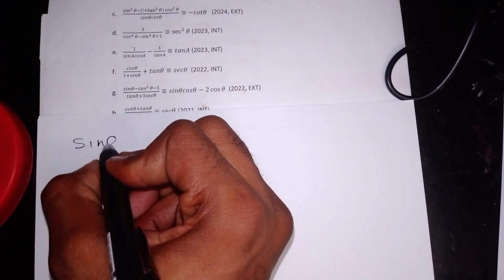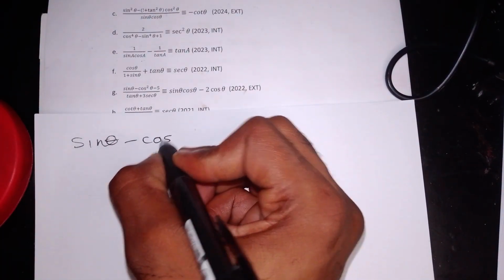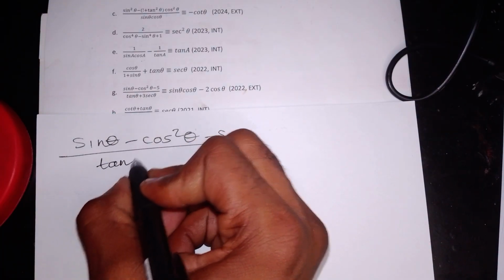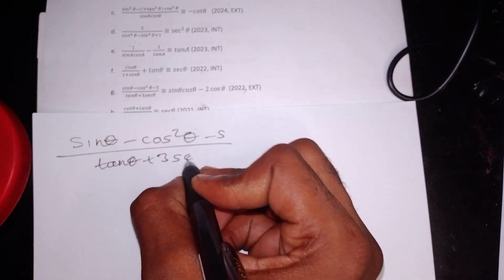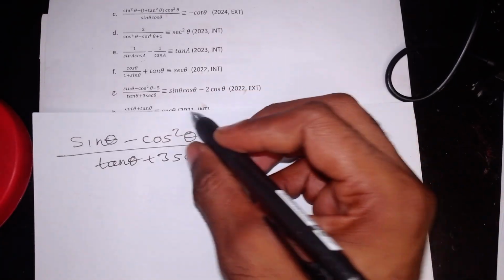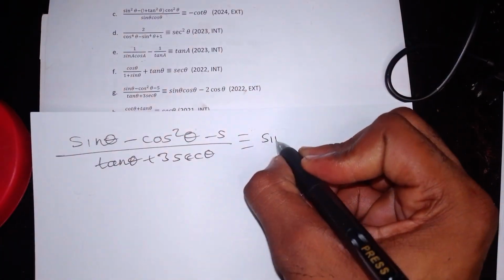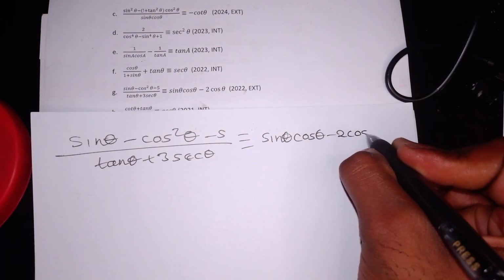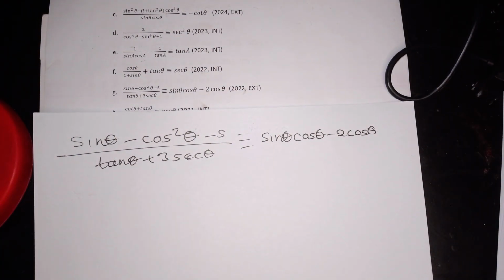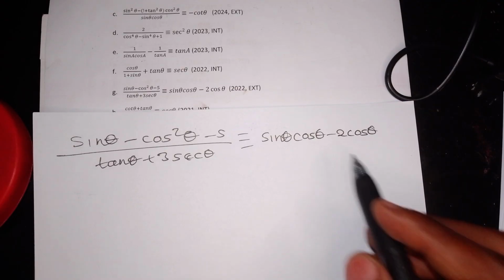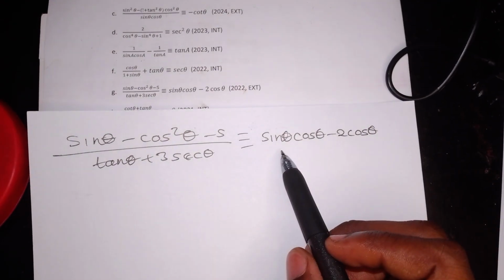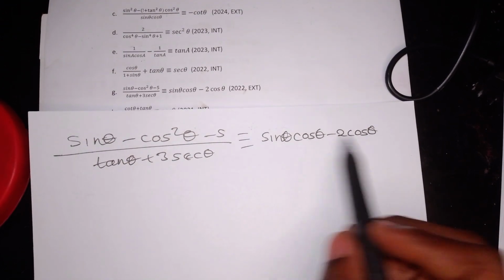So we have sine theta minus cos squared theta minus 5, then everything over tan theta plus 3 sec theta, and then this is equivalent to sine theta cos theta minus 2 cos theta. So now, when you look at this, we do not have fractions here.